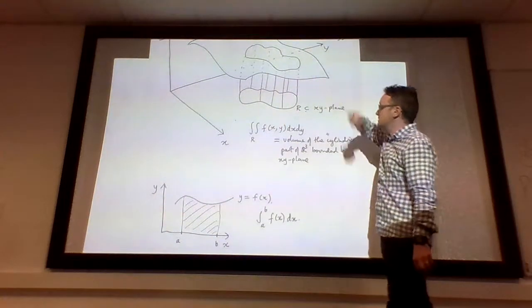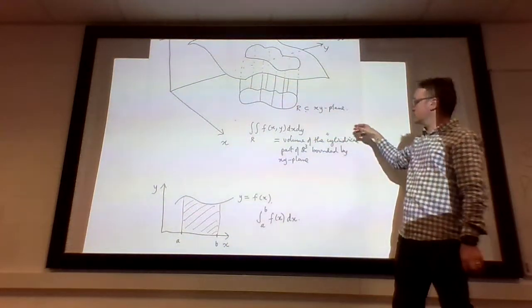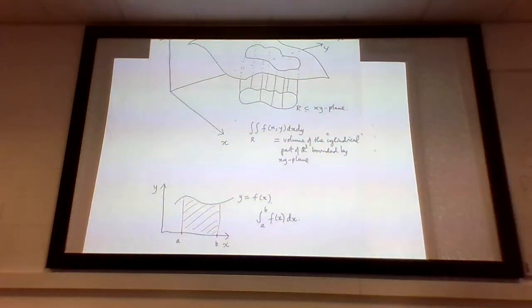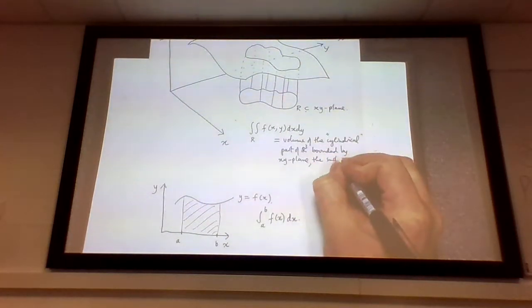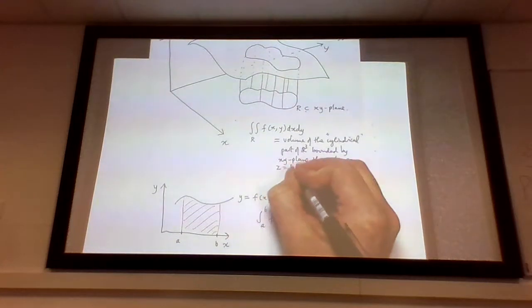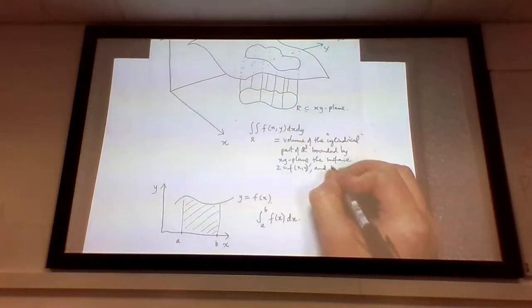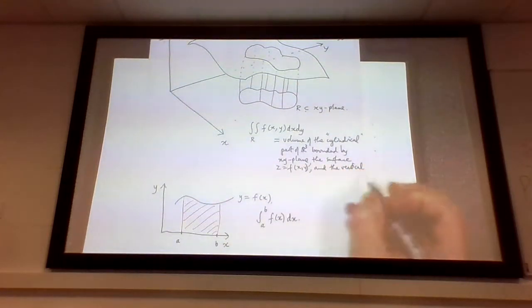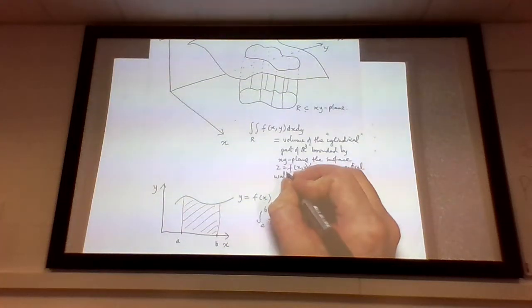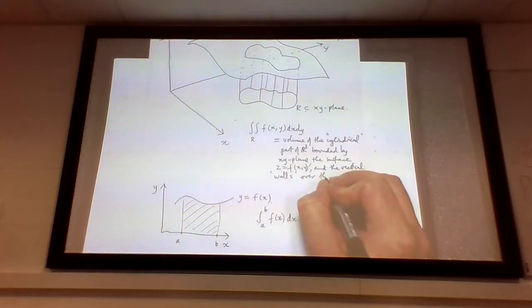Well, here the domain of the function is the whole of the xy plane. So it's the cylindrical part of R3 bounded by the xy plane on the bottom, the surface z equals f of xy, and the vertical walls, if you like, over the region R.